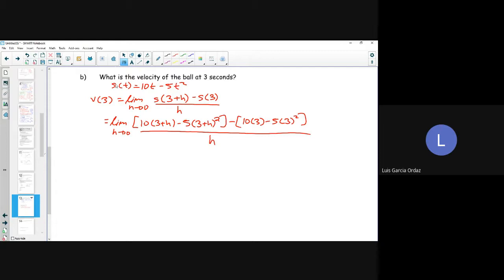So now all that's left to do is simplify. So we got the limit as h approaches 0, and we're left with 30 plus 10h minus 5 times (9 plus 6h plus h squared), minus 30, minus minus 45.